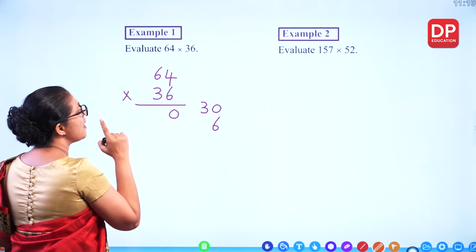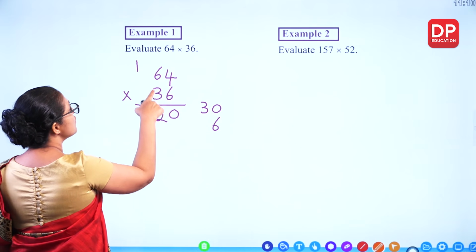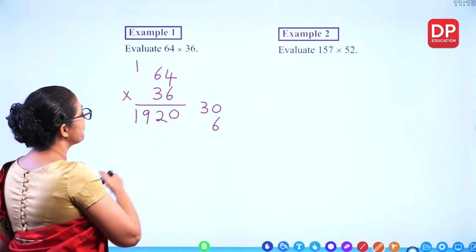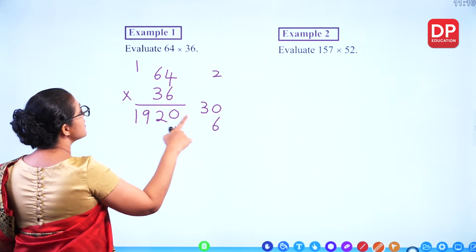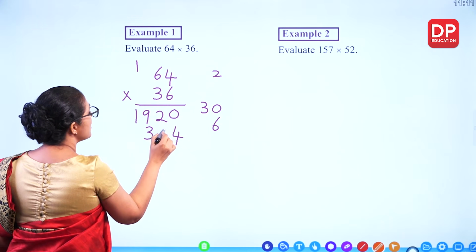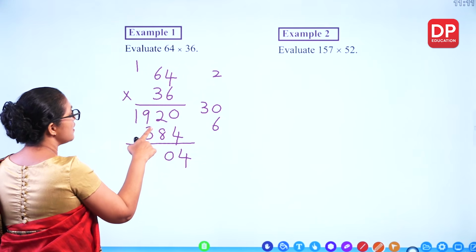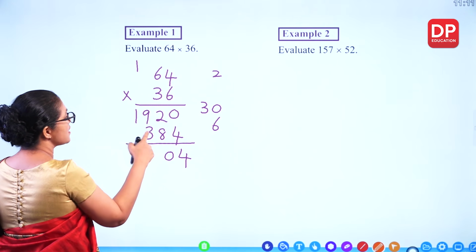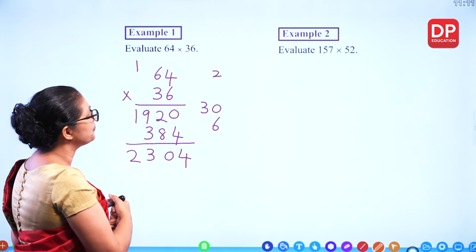Put a 0 and multiply by 3. 3 times 4, 12, 1 remaining. 3 times 6, 18 plus 1, 19, so 190. 6 times 4, 24. 2 remaining. 6 times 6, 36 plus 2, 38. So when you add these two, you get the answer. 8 plus 2, 10. 1 remaining. 10 plus 3, 13. 1 remaining and you get 2.